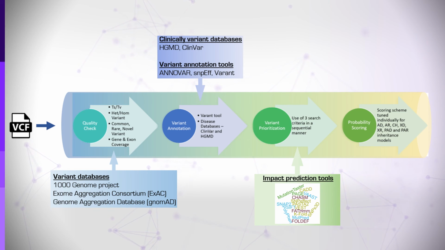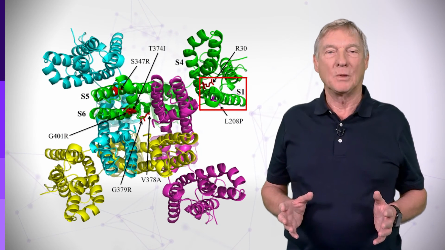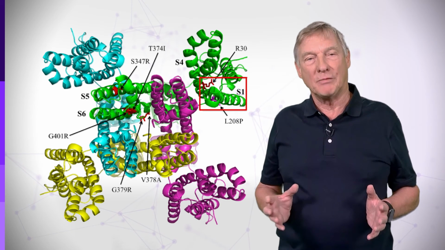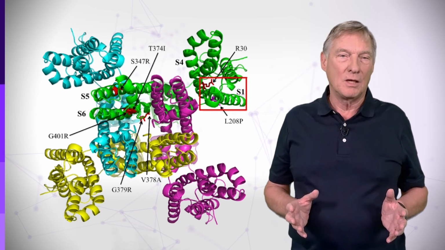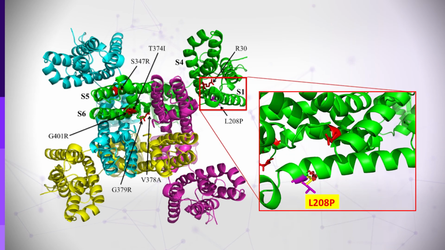Even though the computational methods are not highly reliable, they can be very effective in identifying likely causative mutations. The figure shows one example, a missense mutation in a voltage-gated potassium channel produced from the gene KCNB1. Multiple sequence methods predict this to be deleterious.